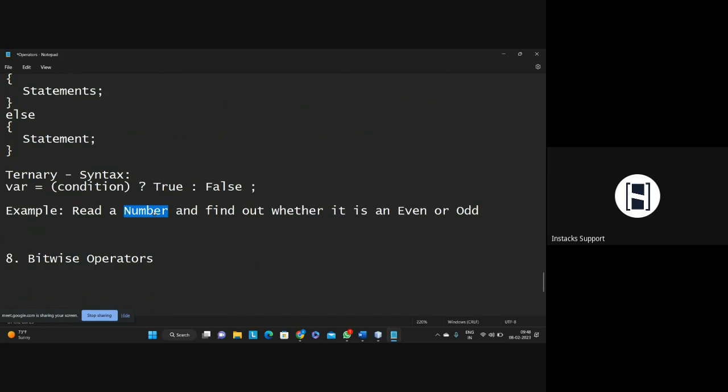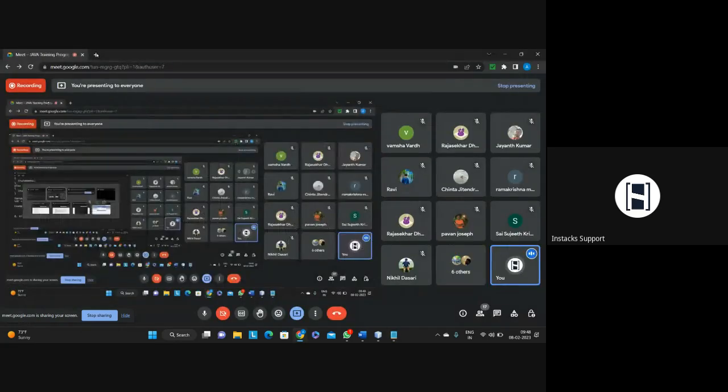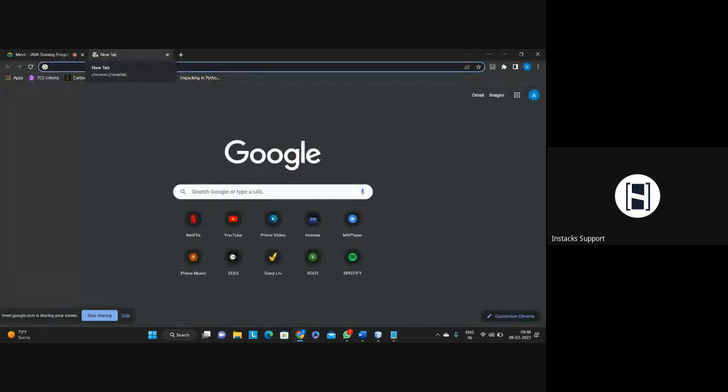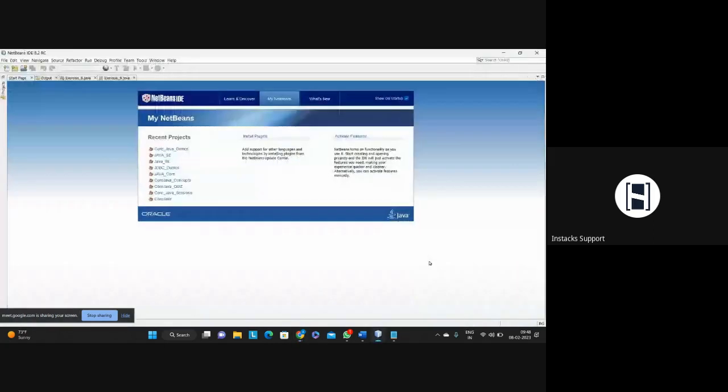Just remember that. Okay, so coming back here. So now you know how to read a number using our scanner class. So that is what we are going to be doing here also. So there you go. Let me use my NetBeans itself.